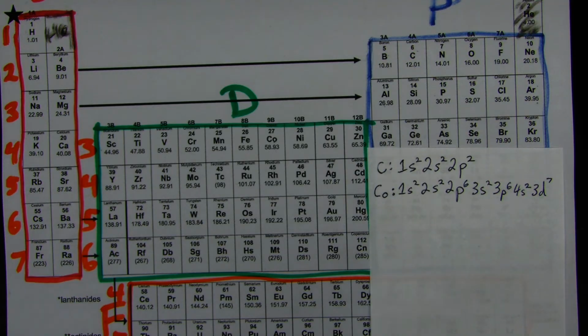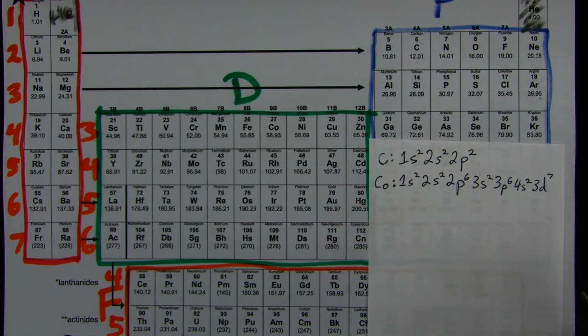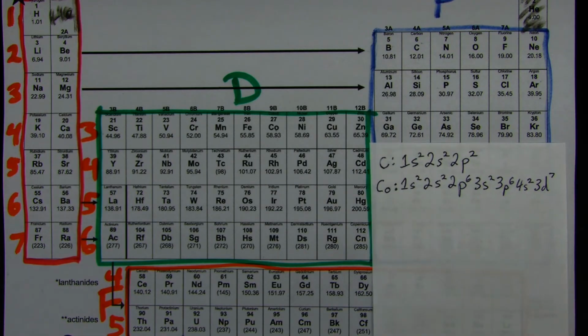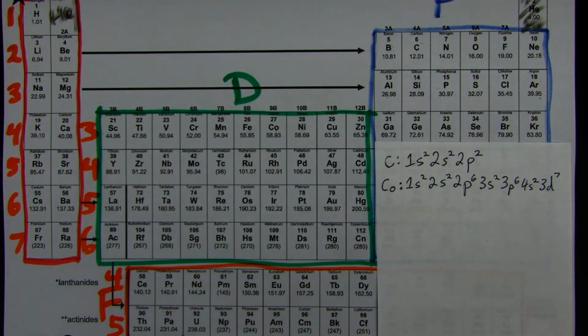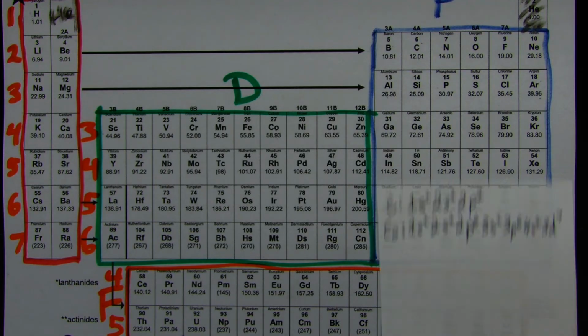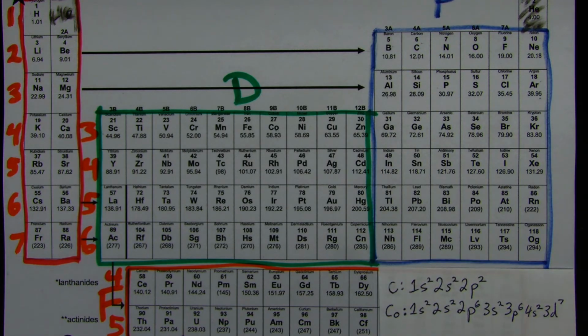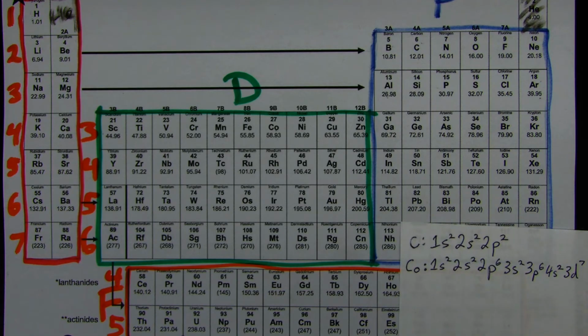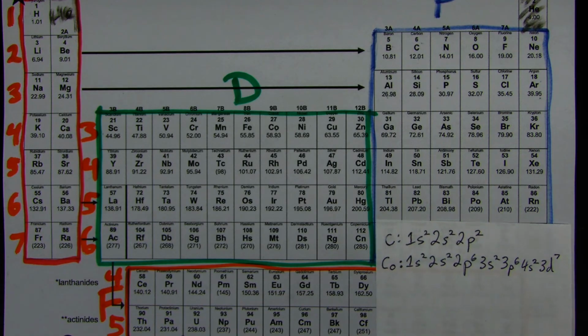Okay, let's do one more. Let's do a longer one because I want to kind of discuss something here. Last one, we're going to do, let's see, polonium, PO. Or we could do lead.